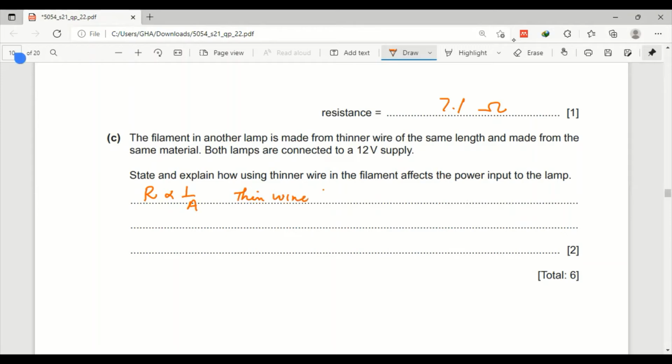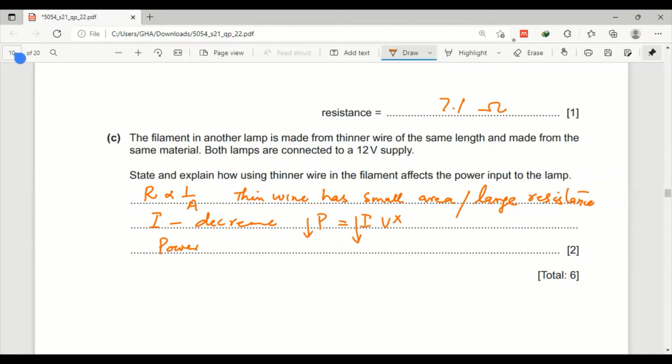Thin wire has small cross-sectional area, meaning large resistance. Due to large resistance, the current decreases, and power is equal to IV, voltage same. When the current decreases, power also decreases.